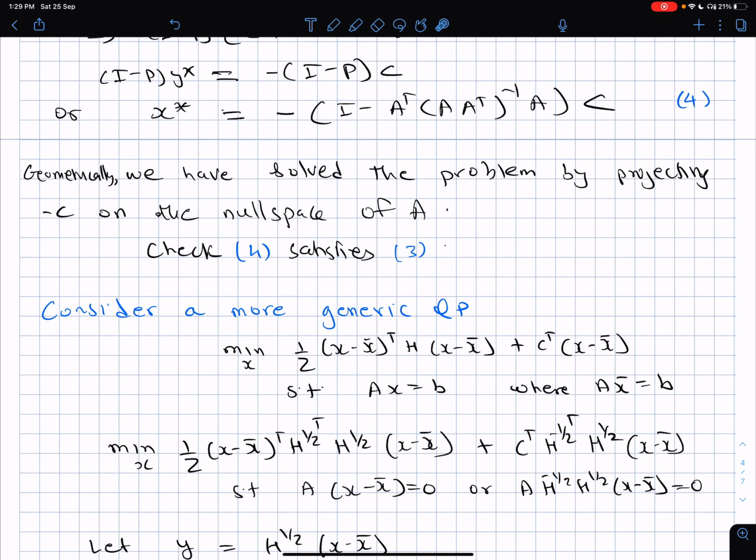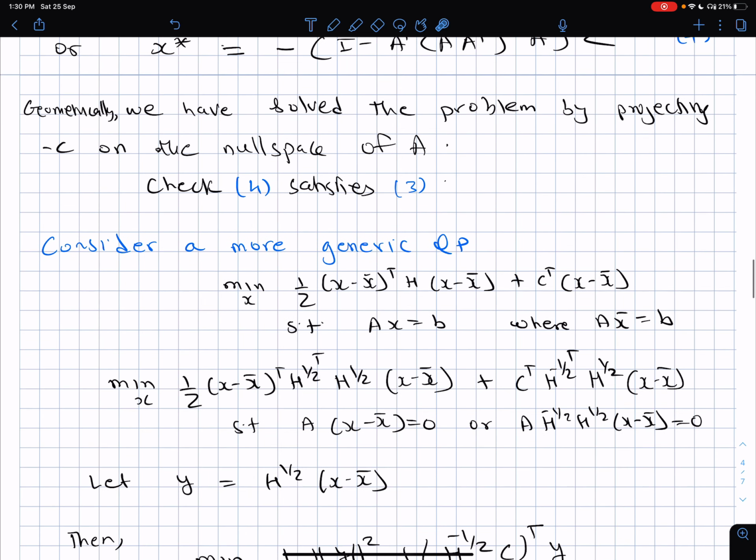Now not Ax equal to 0, but in general there are some linear equality constraints to be satisfied, and x bar is a special point of the type that it is a feasible point, which is to say that A x bar is equal to b, and H is a symmetric positive definite matrix.